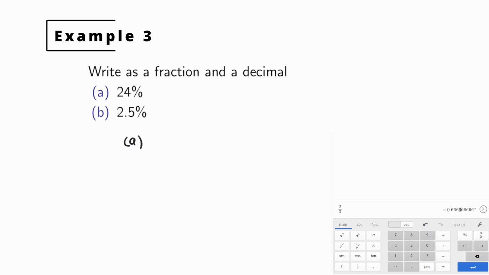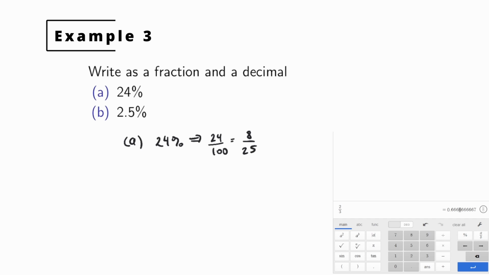So for A, 24% is going to become 24 over 100. And both of those are divisible by 4. So if we divide by 4, we get 8 over 25, right? So when I say divide by 4, I cancel out the common factor of 4 in both the numerator and denominator.